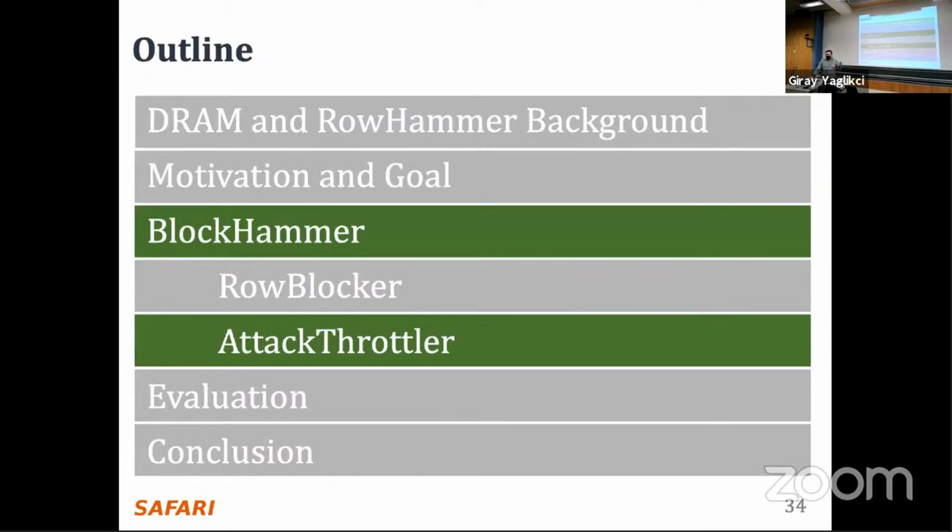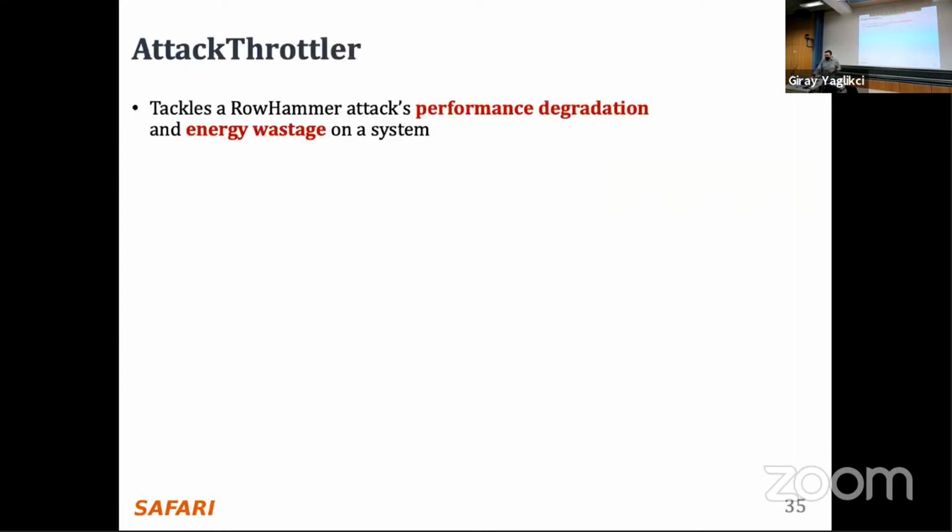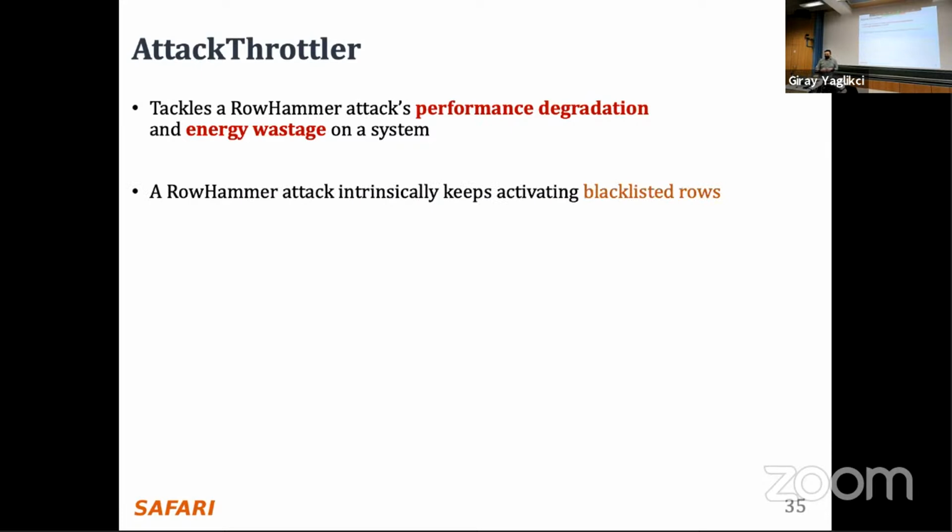Okay, so I covered RowBlocker, and I'll quickly cover AttackThrottler, hopefully. AttackThrottler tackles the performance degradation and energy wastage that the RowHammer attack causes. To identify and reduce the negative impact of a RowHammer attack, AttackThrottler leverages the observation that a RowHammer attack intrinsically keeps activating blacklisted rows.